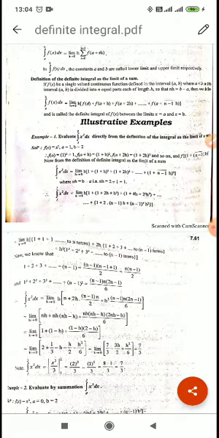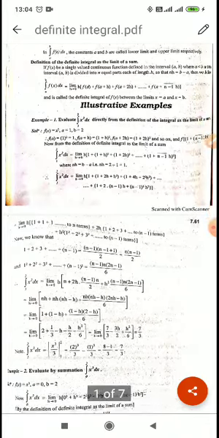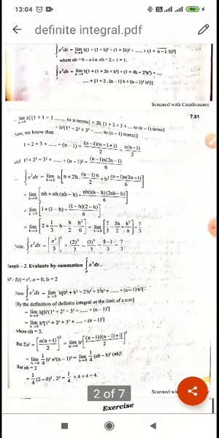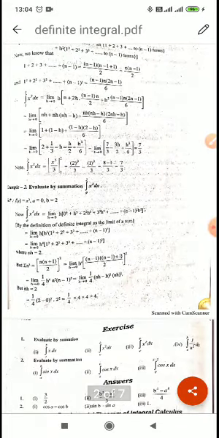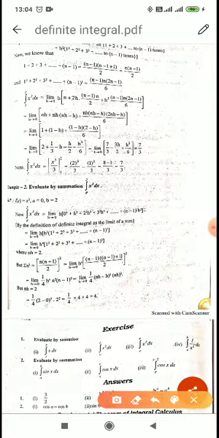Evaluate x square dx directly from the definition. We are not going to go for the definition; we can evaluate directly. See, the example given here is the integration from 0 to 2 of x square into dx.